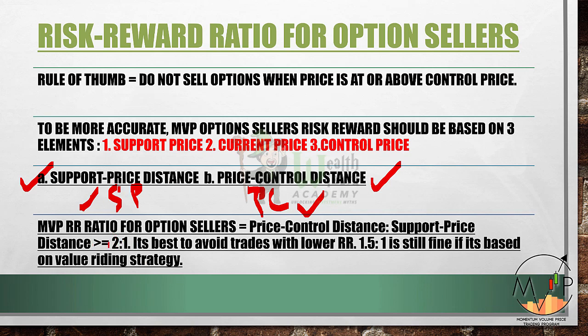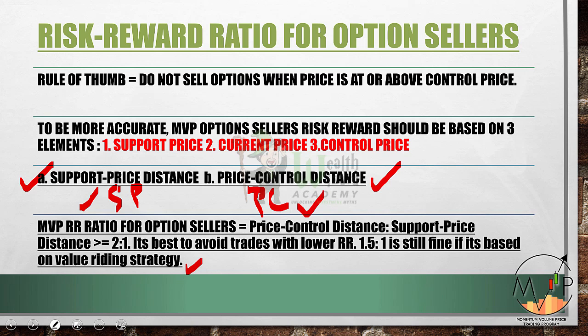Again, it goes back to the simple concept that reward should always be higher than the risk. It's best to avoid trades with a risk reward ratio lower than 2 to 1. 1.5 to 1 is still fine if it is based on the value riding strategy. Value riding strategy usually has a smaller risk reward ratio.